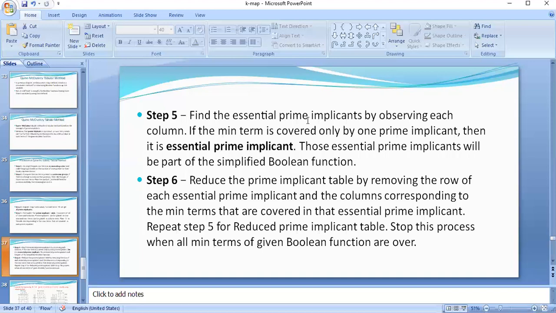These essential prime implicants should be part of the simplified Boolean expression, along with the required prime implicants. These are all the steps you should follow to get the minimized expression using the tabular method.